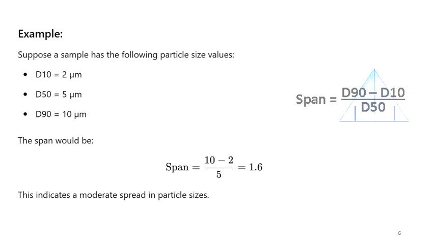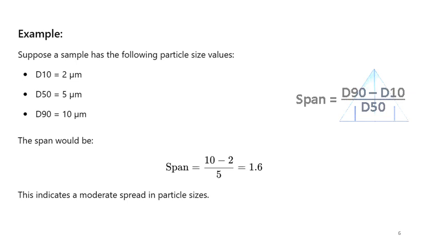The example of span is included here. Consider D10 of 2 micron, D50 of 5 micron, D90 of 10 micron. So (D90 minus D10) divided by D50: (10 minus 2) divided by 5 will give you a span value of 1.6. So 1.6 is a moderate spread.